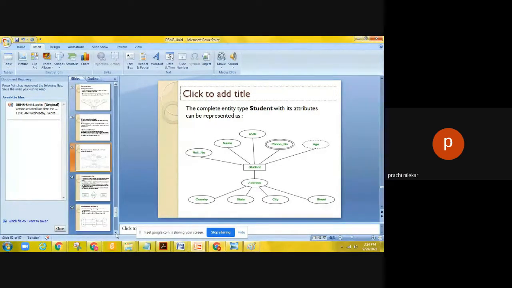See, these types of questions may be asked in the exam. So if you are clear with the concepts over here, then it's much easier for you. Okay.